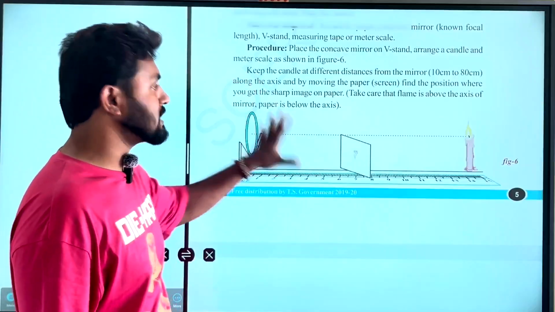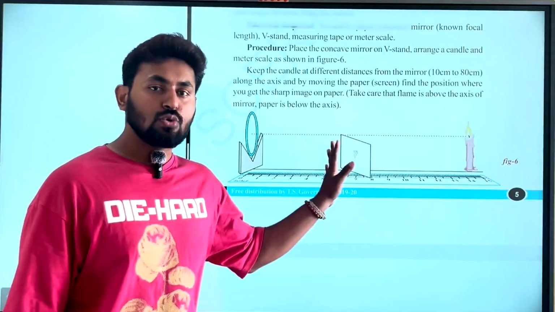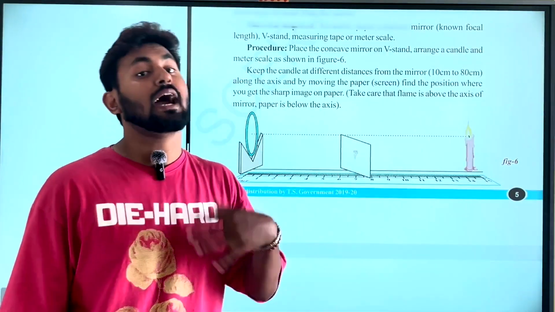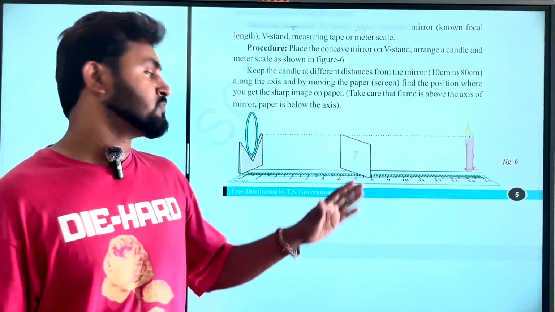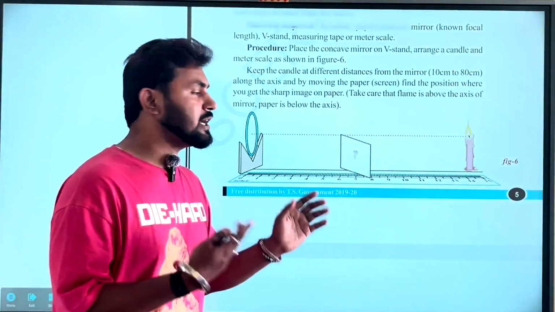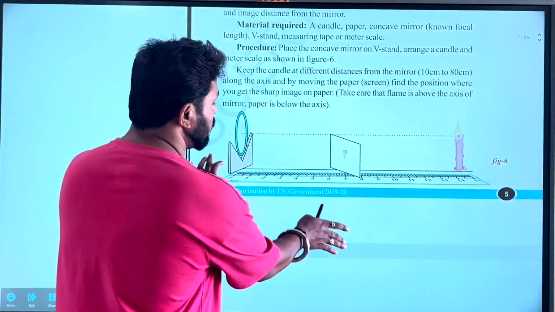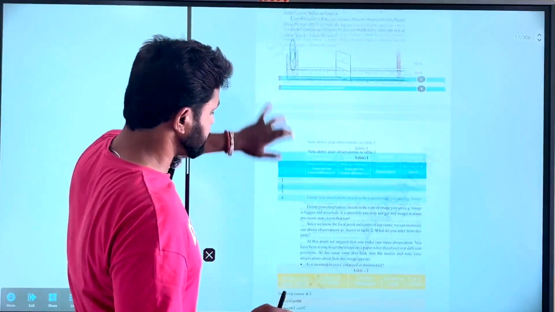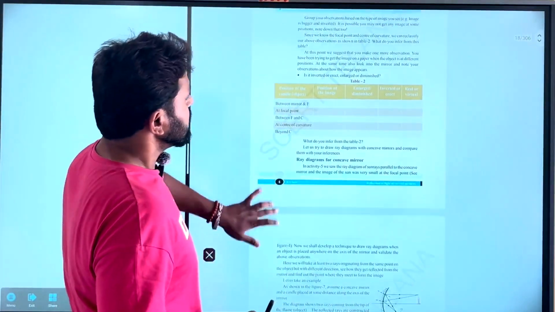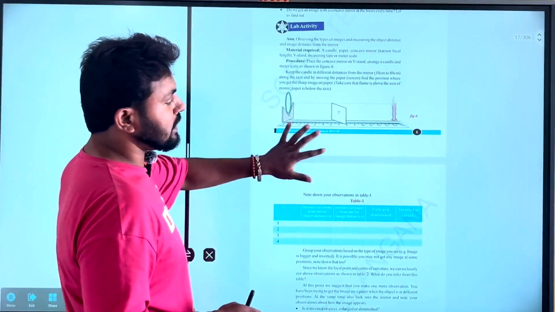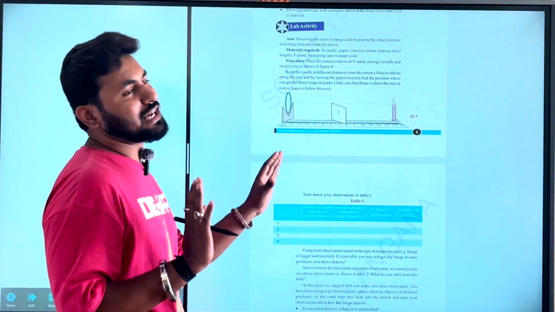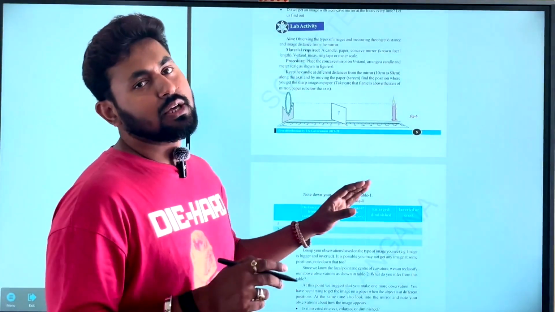This activity is only to give you one of the characteristics and what kind of image is formed in concave mirror. We'll get to know it better when I explain the ray diagrams. Now moving ahead. If you perform this experiment, you will get to know what kind of image is formed in concave mirror.